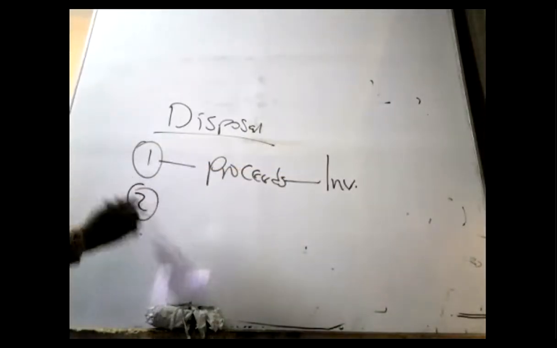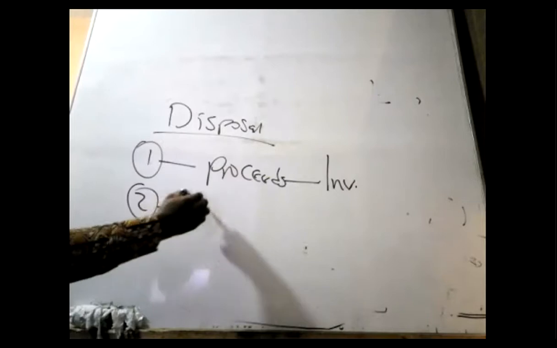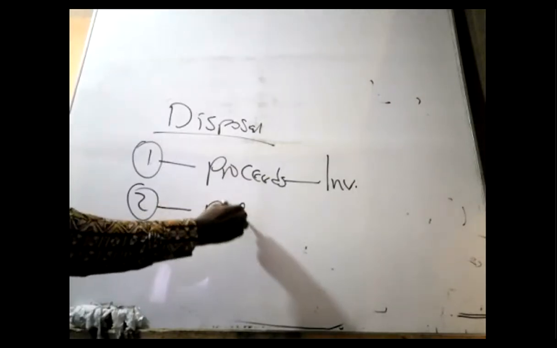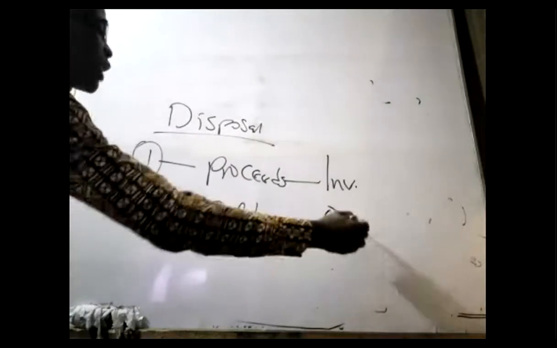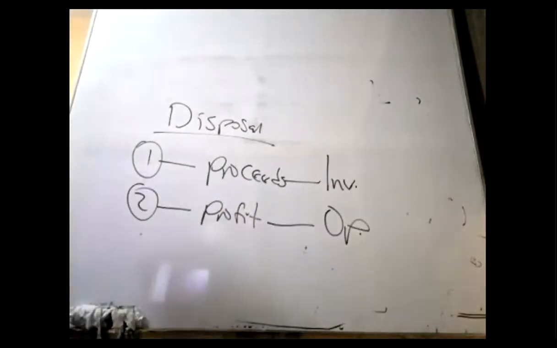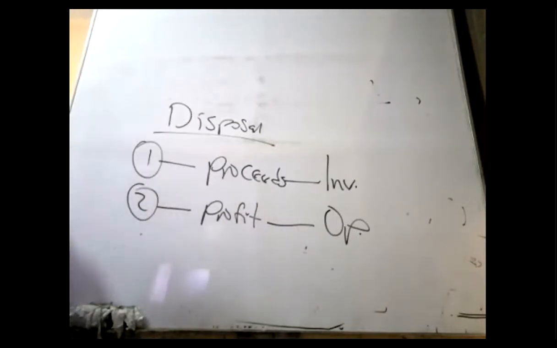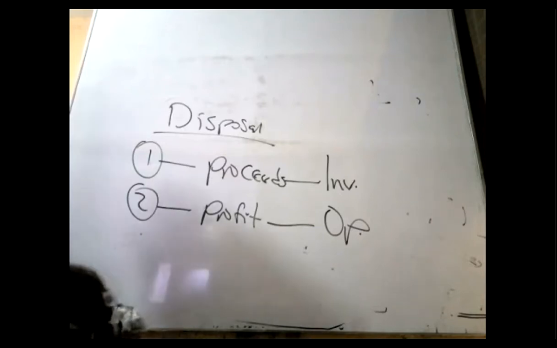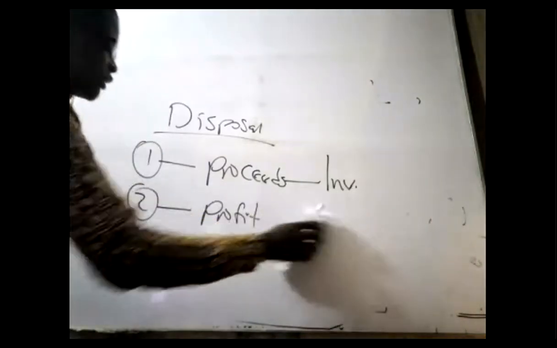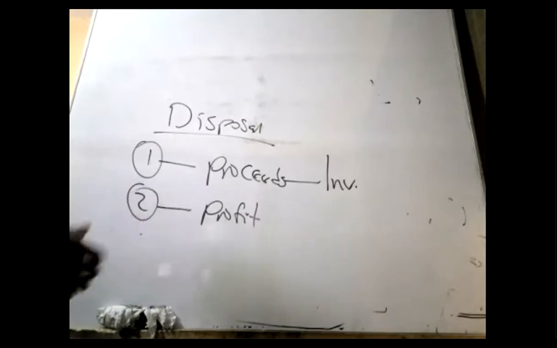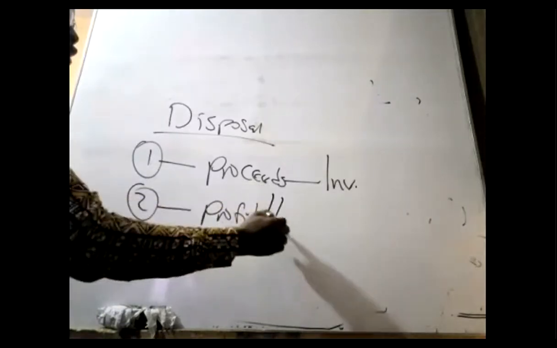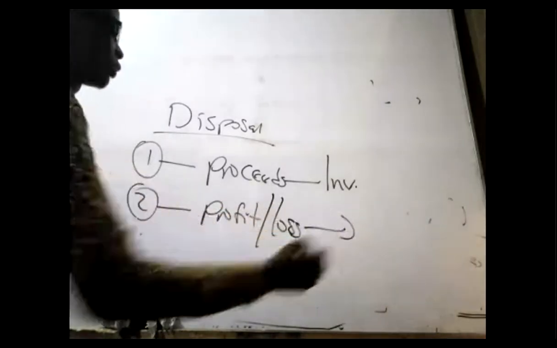Number 2, you need the profit on disposal. It goes to operating activity, in brackets, as an adjustment, a reversal, because profit on disposal is not an operating activity. So profit or loss on disposal, you reverse it from operating activity.